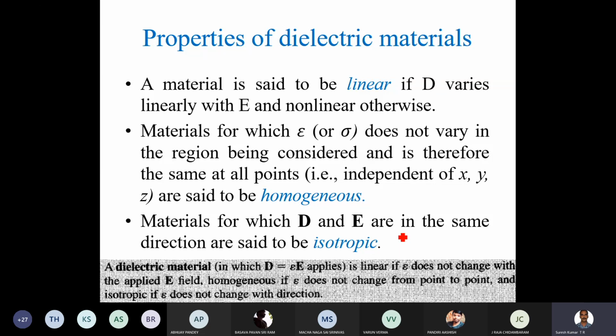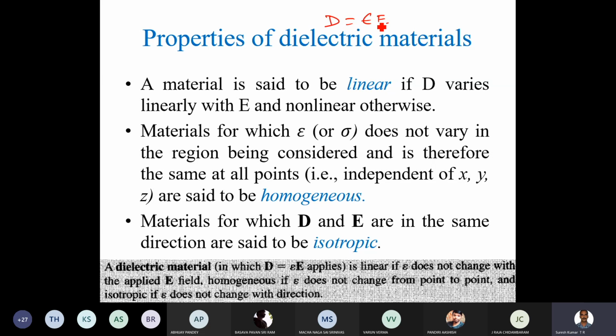The dielectric medium may be called a linear medium if D is equal to epsilon E, right? If both are proportional, like with an increase in electric field you get the same proportionate increase in the electric flux density, then we can say the medium is a linear medium. A medium can be called homogeneous if this permittivity is the same everywhere.